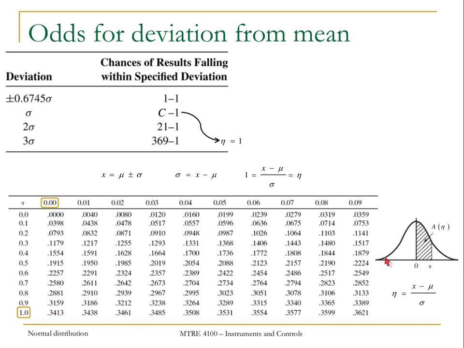And since we're interested in negative eta to eta, then we'll multiply that by 2. So that's the probability of having values within that range, and if we want to convert this to odds, then that's the same as the ratio c over c plus 1, the percentage of the pie where there are c plus 1 slices. So 2.15 to 1 odds that values will be within plus or minus 1 standard deviation of the mean.